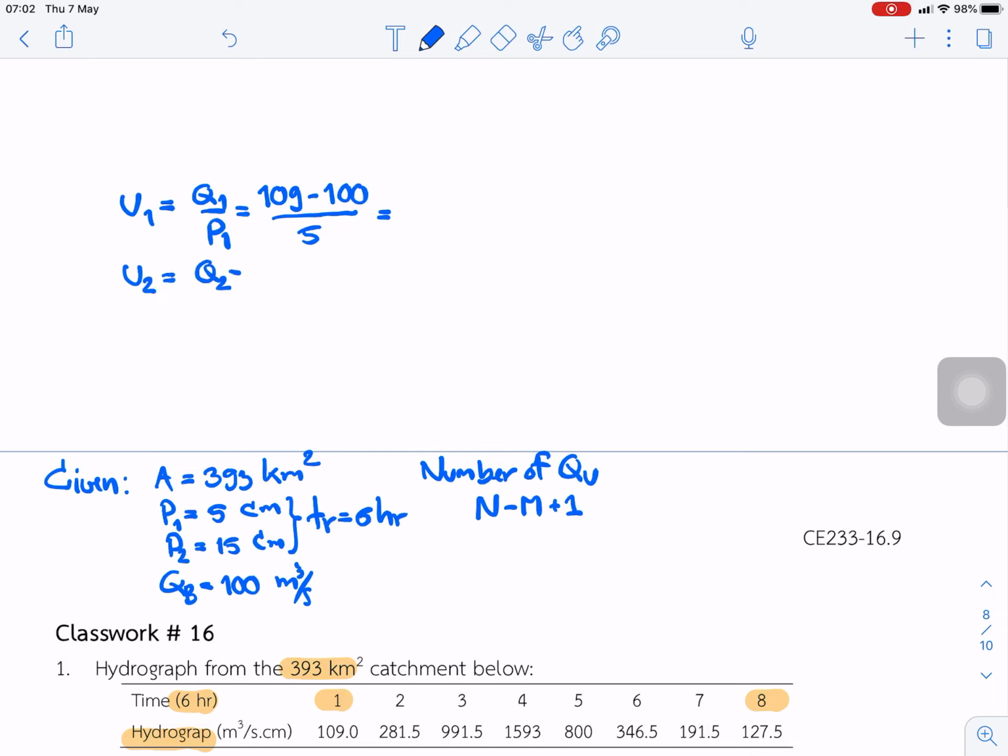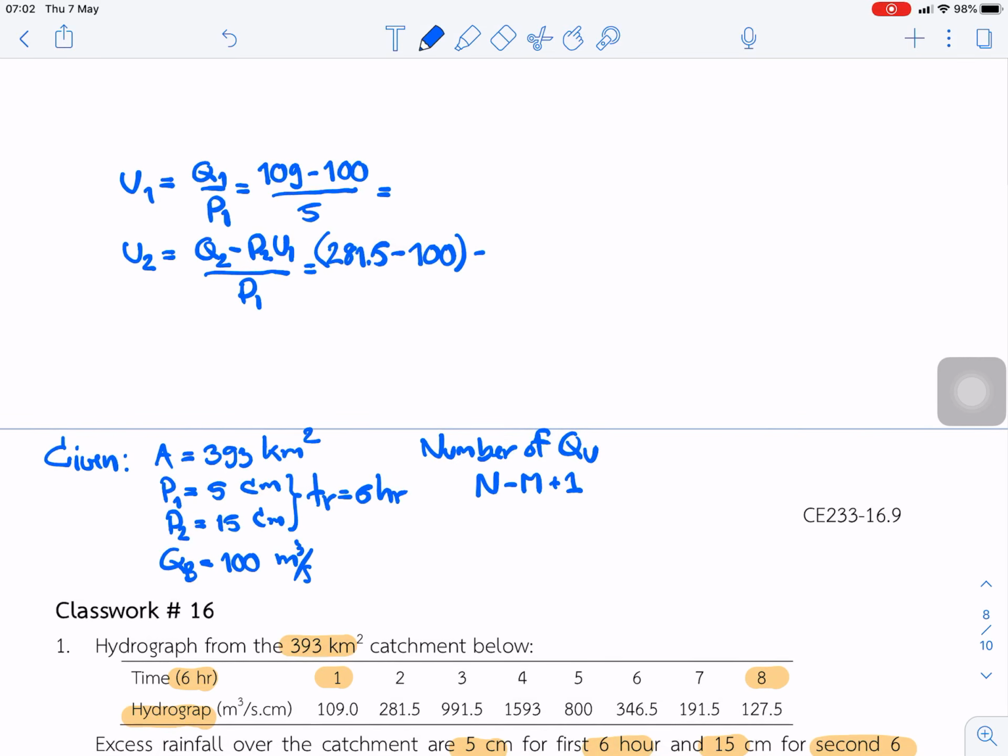Q2, and we do this. The next step is to estimate U2. Make sure that Q2 has the base flow subtracted, and substitute P2 and U1 from the previous step.